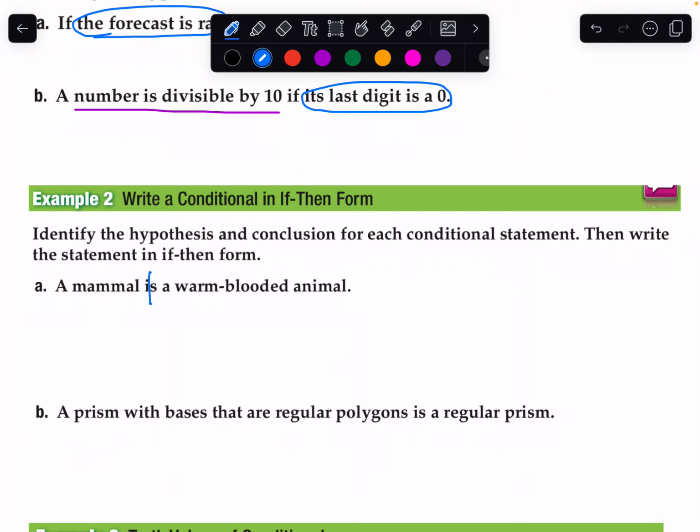So we could say that our hypothesis would be that the animal is a mammal, and the conclusion is about being warm-blooded. Think about what you can conclude from what you already know. If you already know it's a mammal, you can conclude it is warm-blooded.